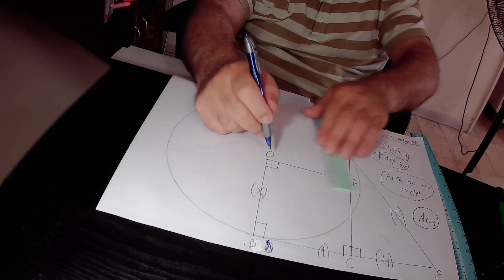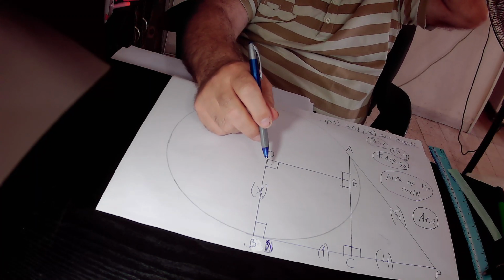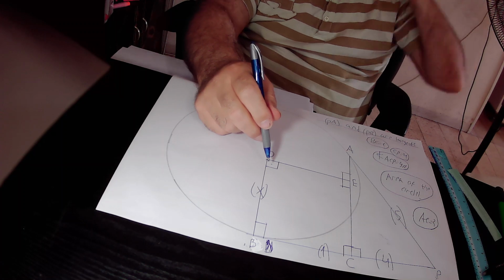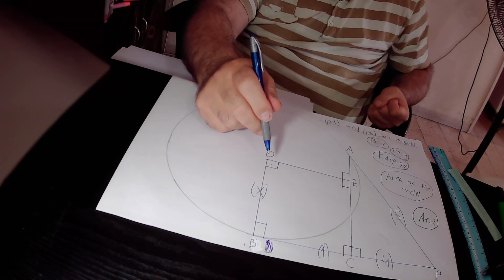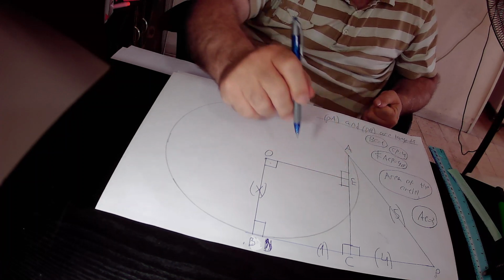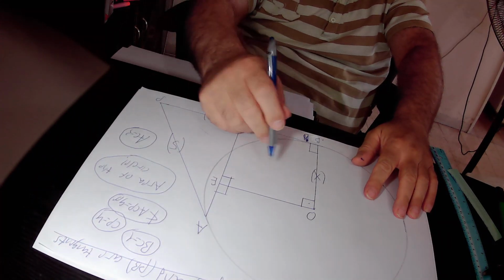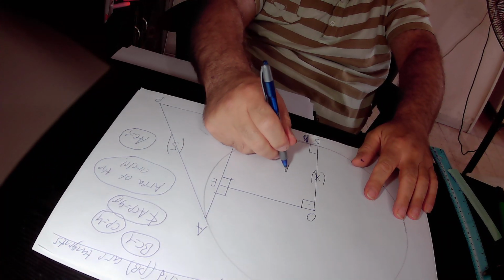So inside quadrilateral OECB, we have 4 right angles. According to rule 5, any quadrilateral that has 4 right angles must be a rectangle or a square. So quadrilateral OECB is a rectangle because it has 4 right angles. Write it down: quadrilateral OECB is a rectangle according to rule 5.